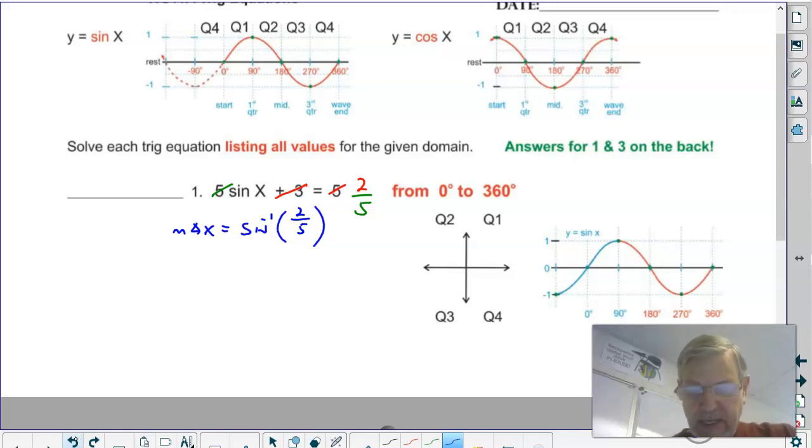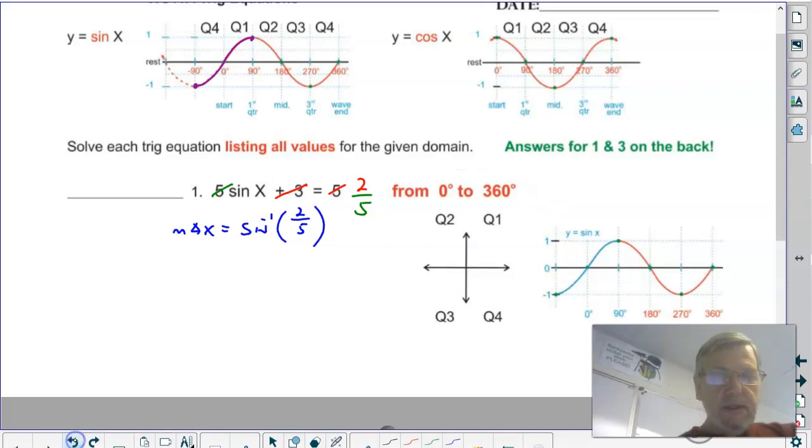The sine has a restricted domain that goes from -90 to 90. So whenever you're using the inverse button to figure out an angle, your calculator will always give you values between -90 and +90. Notice how this now passes the horizontal line test. We have to keep this in mind, and then find the other values within the prescribed domain.